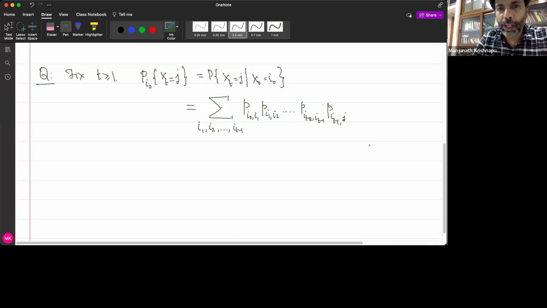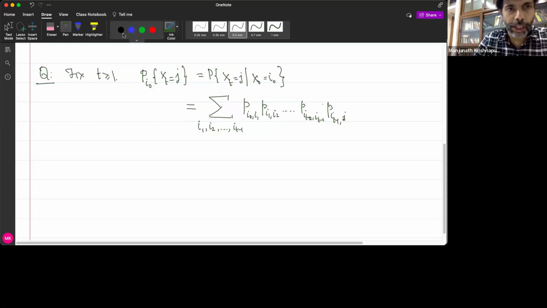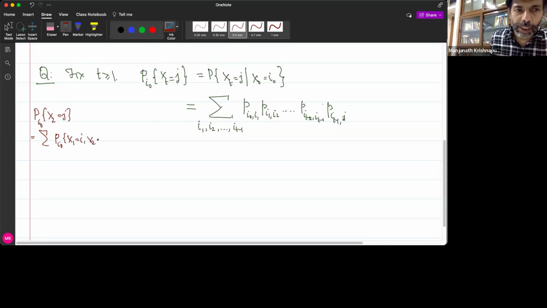Is this sort of clear? Let me write one special case just in case I'm not making myself clear. Let's say, for example, if I wanted the probability that X2 equals j, that means X1 can be anything. This is I0. X1 can be anything. X2 is j. So I have to sum over all possible states for X1.